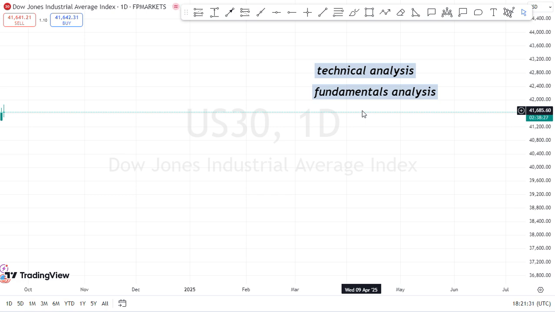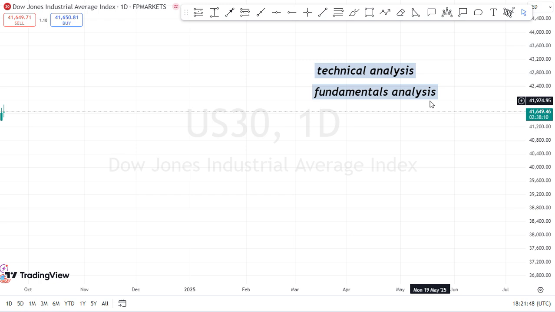That usually affects the dollar. If the employment was okay, then the dollar buys. If the employment was poor, then the dollar sells. So the first Friday of the month is NFP, and most people trade NFP based on fundamentals. Okay, but today we are going to look at technical analysis.